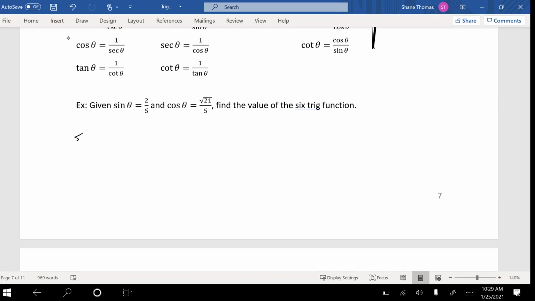So the 6: sine, cosine, tangent, and then I have cosecant, secant, and cotangent. I want to find those 6 values. I already know 2 of them though, don't I? I already know that the sine is 2 over 5, and the cosine is root 21 over 5.